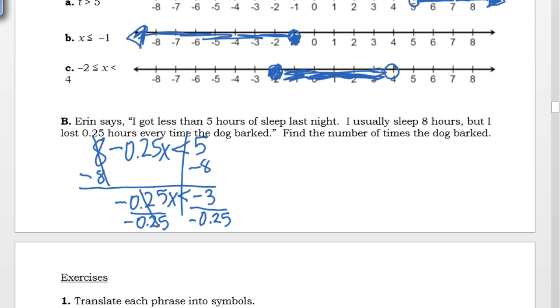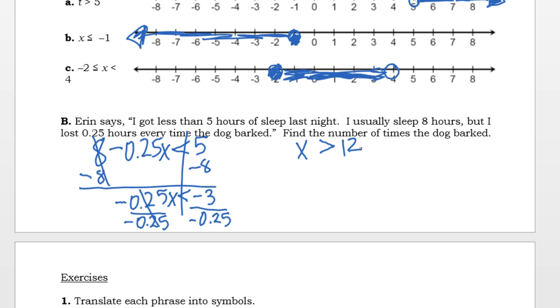Those cancel out. My x drops down, and this is where it gets funky. Whenever you divide by a negative number, your inequality sign flips. And then negative 3 divided by negative 0.25 is 12. So actually the dog barked more than 12 times.